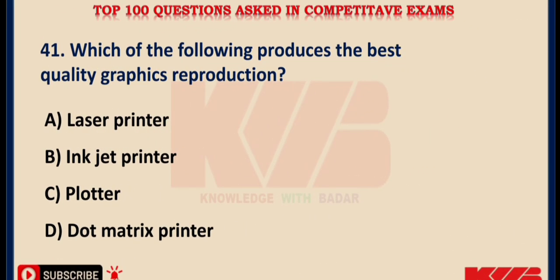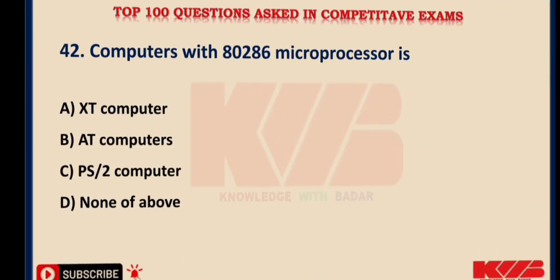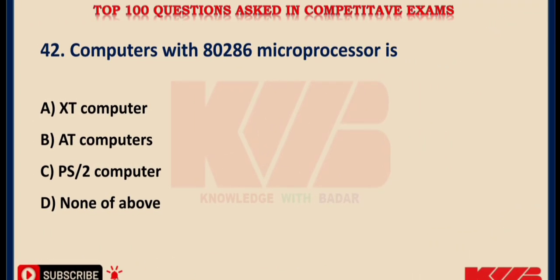The next question. Which of the following produces the best quality graphics reproduction? Laser printer, inkjet printer, plotter, or dot matrix? Yes, the plotter. Computers with the 80286 microprocessor are: XT computers, AT computers, PS/2 computers, or none of the above?